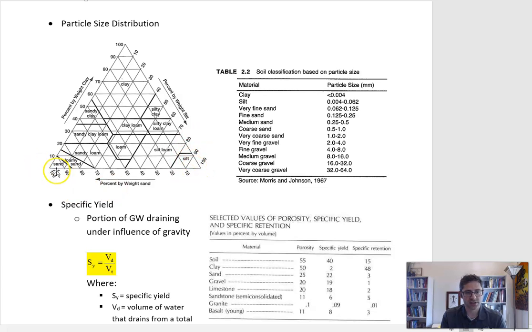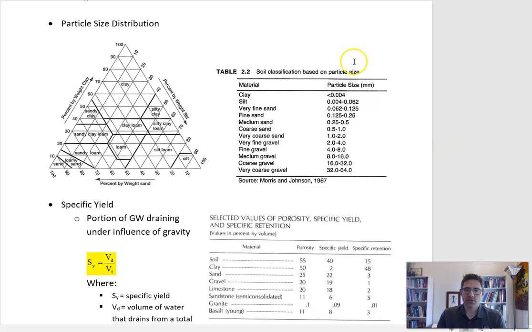A lot of sand, you're over here in sand. A lot of clay, you're up here in clay. And then everywhere in between with these sandy clay loams or loams, that sort of thing. And again, here's the particle size classifications, basically for these things. There's different metrics or different tables and sources you can go to that define it differently, but that's the basics.